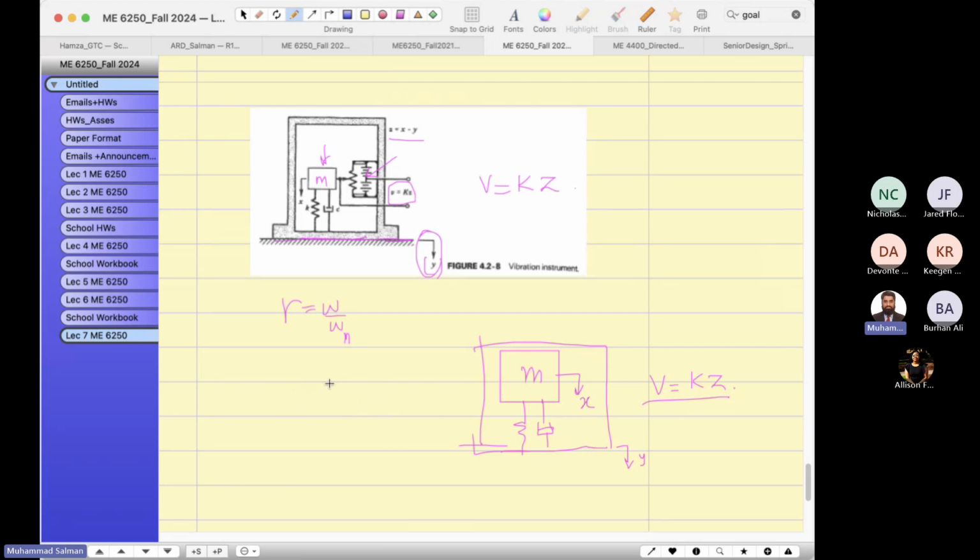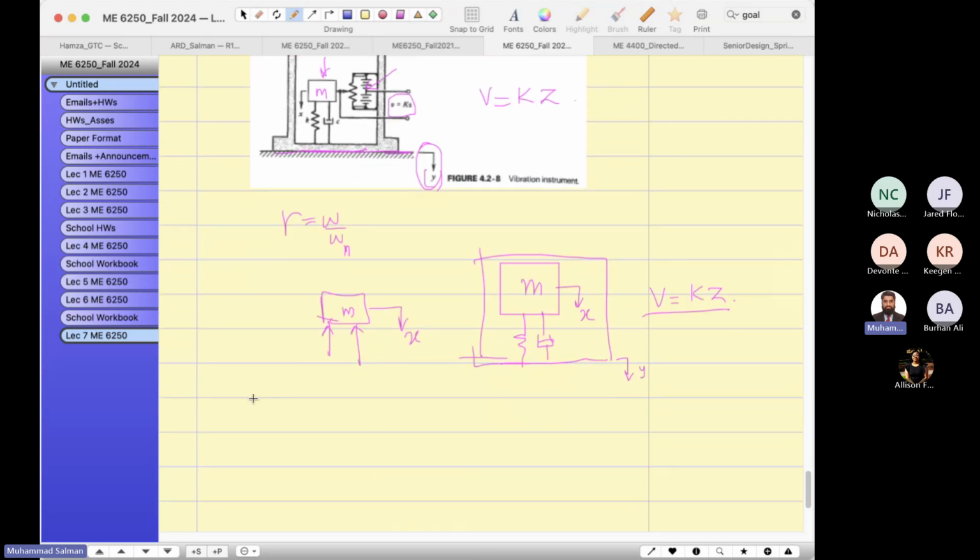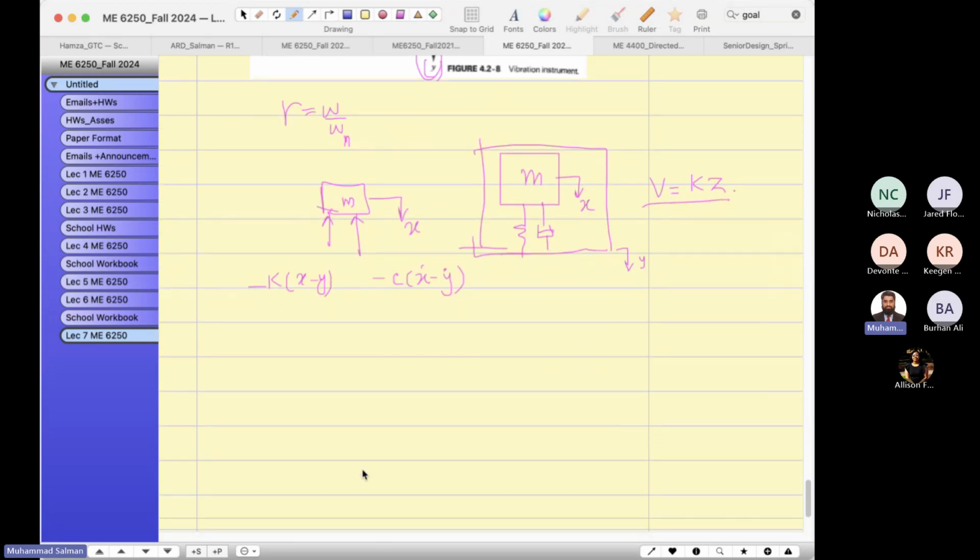Look, if you take the free body diagram, if the mass moves downward, the damper and spring forces will be like this: negative k(x minus y), negative c(x dot minus y dot). Negative means it is constantly opposing the motion.